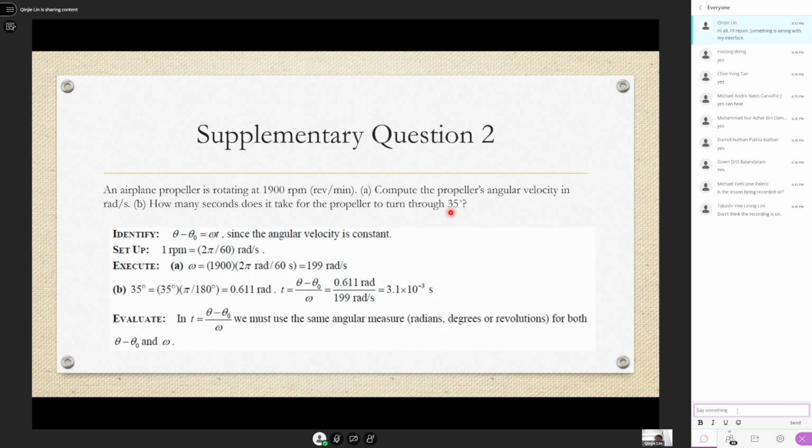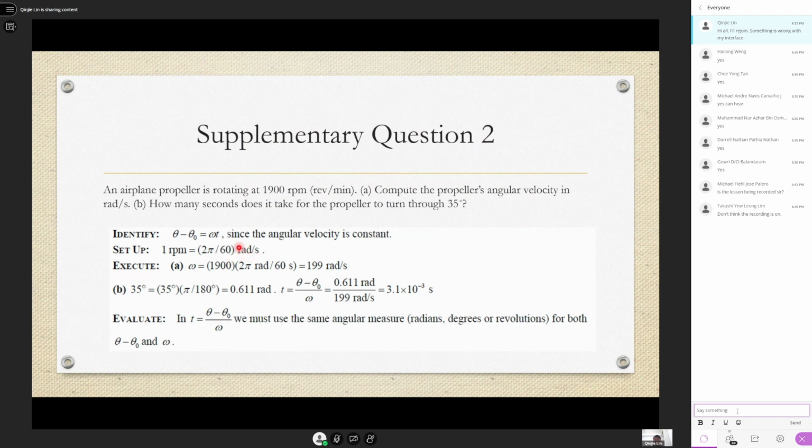Part A, compute the propeller's angular velocity in radians per second. Even if they never asked you to compute in radians per second, you must also change. Basically, you need to change your units to the correct form first. RPM needs to be converted to radians per second. This is how you convert: 1 RPM equals this amount of radians per second.